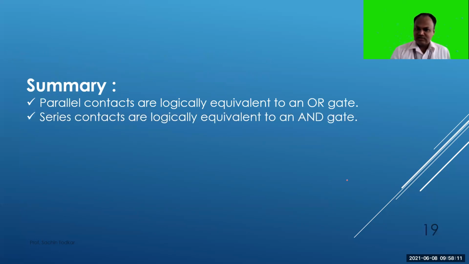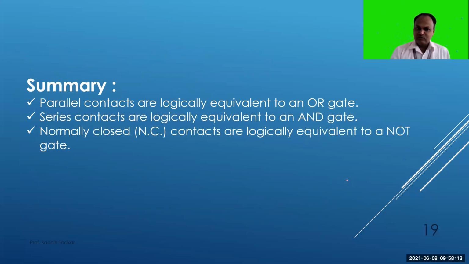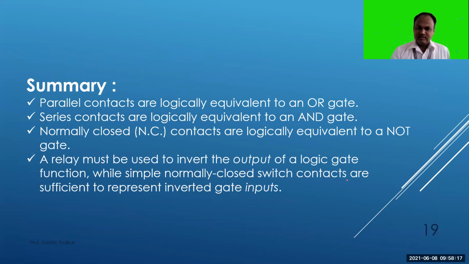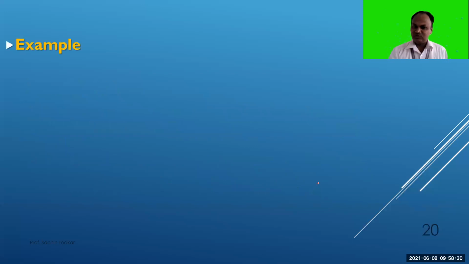Series contacts are logically equivalent to an AND gate. Normally closed contacts are logically equivalent to a NOT gate. And a relay must be used to invert the output of a logic gate function, while simple normally closed switch contacts are sufficient to represent an inverted gate input. So this is the concept which we are going to use in examples.